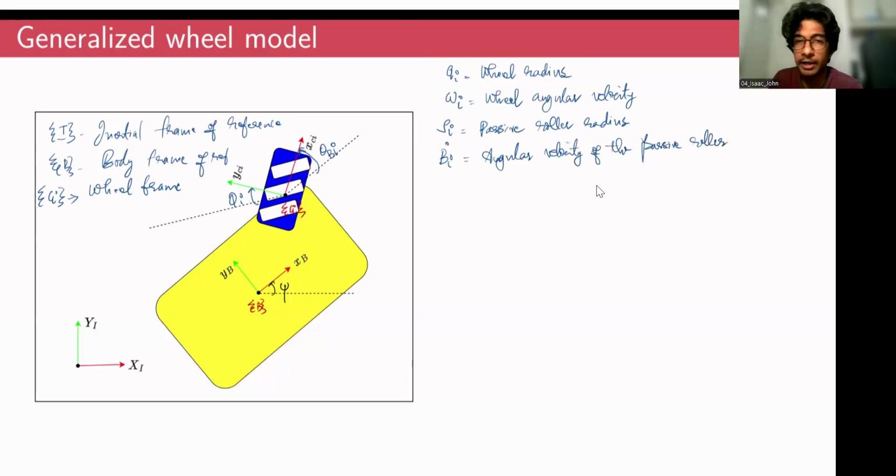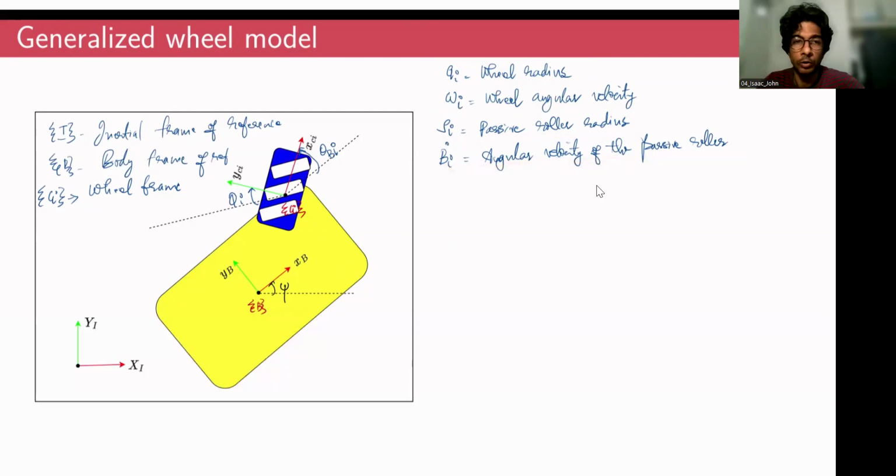So basically, we have defined four terms: the radius of the wheel, the angular velocity of the wheel, the radius of the passive roller, and the angular velocity of the passive roller.